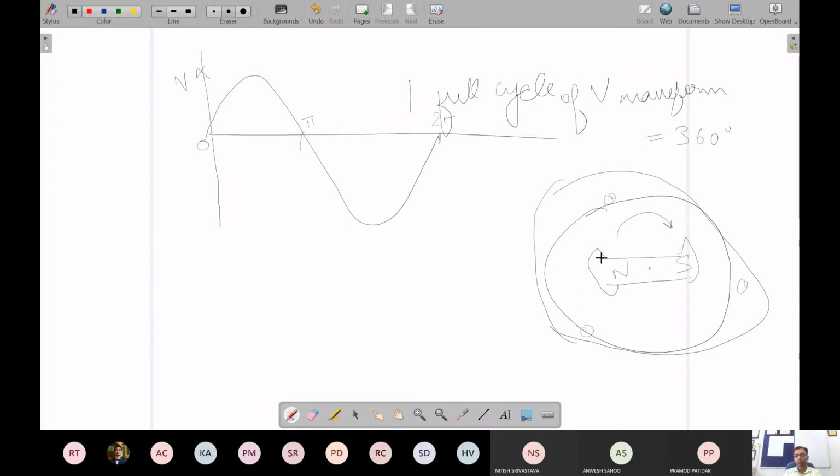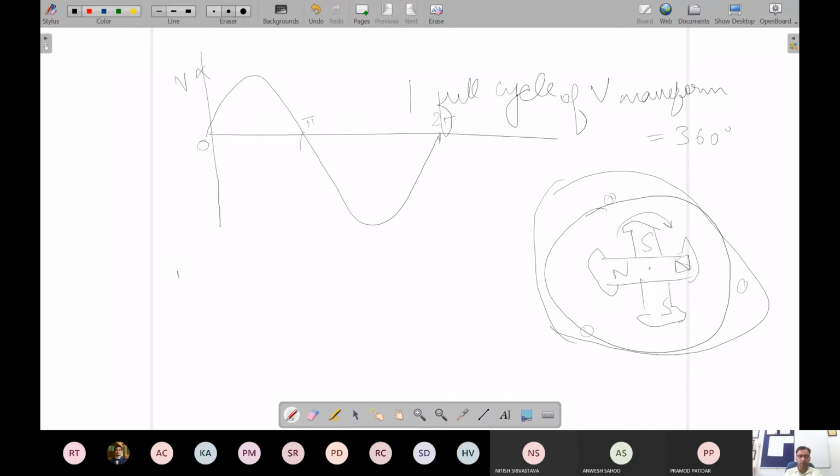In case this becomes a 4-pole rotor, you have another pair of poles going here, another north and south. When you have more poles, they go alternate: north, south, then north, and then south. Now in this case, even if the rotor rotates by half a revolution, two pole pairs pass across one particular coil.